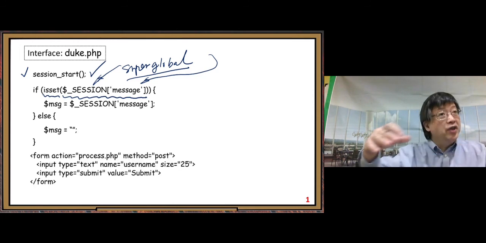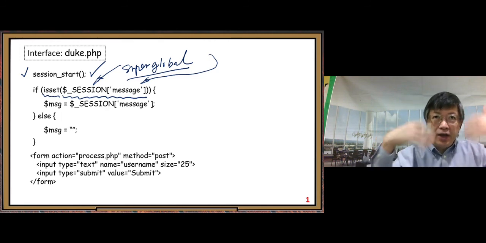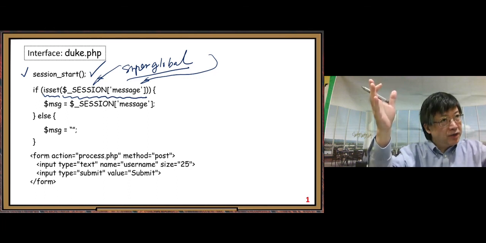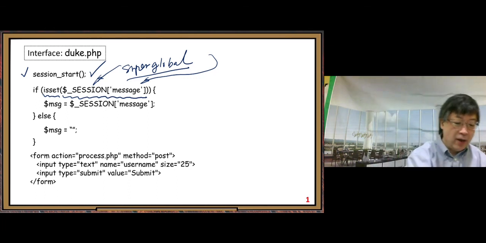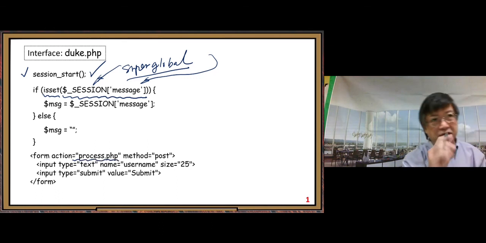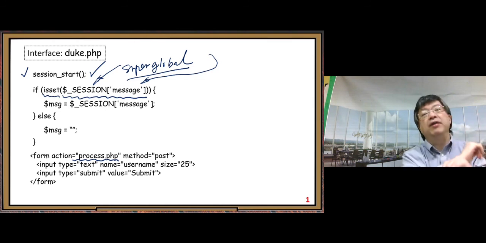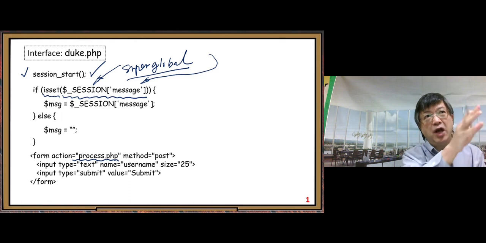Now it is our HTML form. We need to use this form to collect users' data and send it to the back-end processing file. Action is process.php. This is the back-end data processing file. You can find it in my folder, process.php.